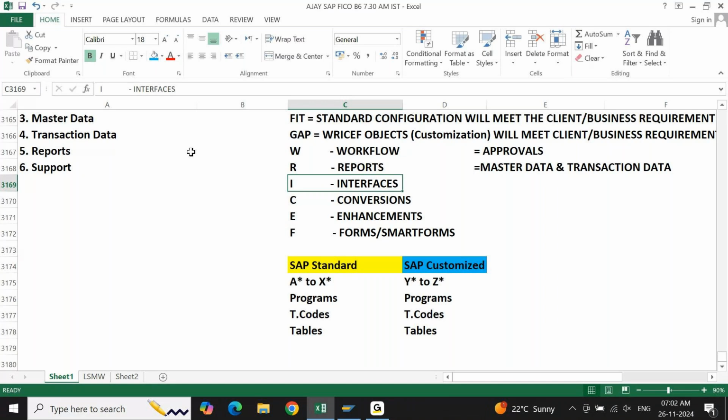When you're talking about interfaces, what is this interface? Bank to bank, bank interface. So in short, in simple words, when you're talking about interface, what are we representing? APIs.